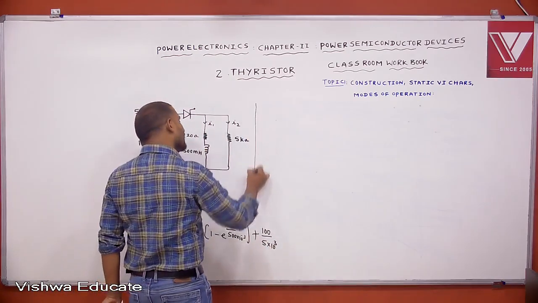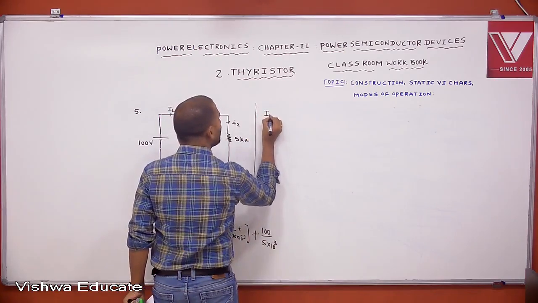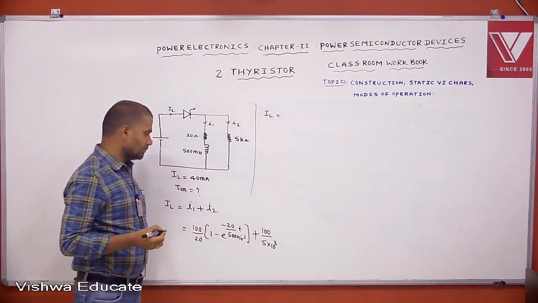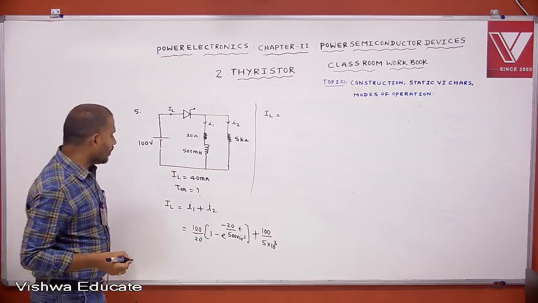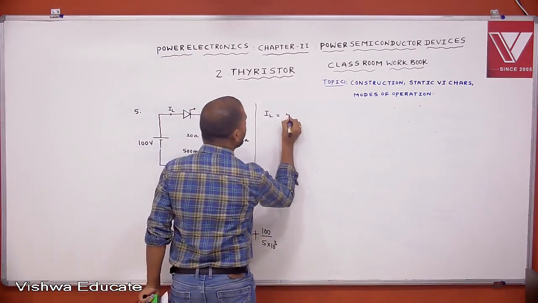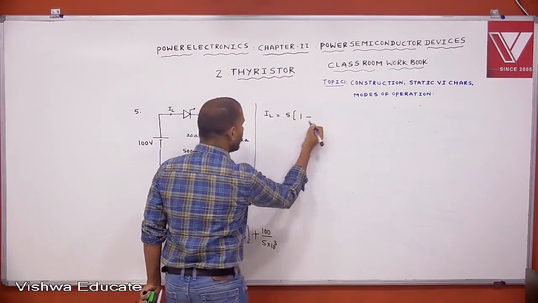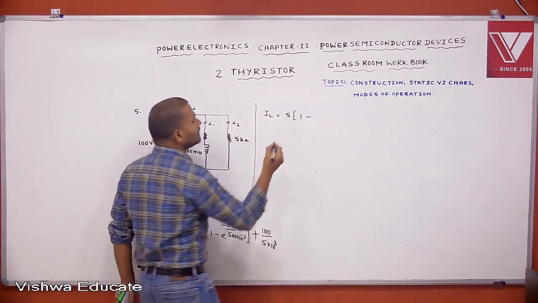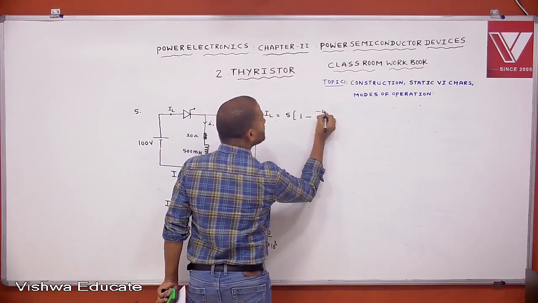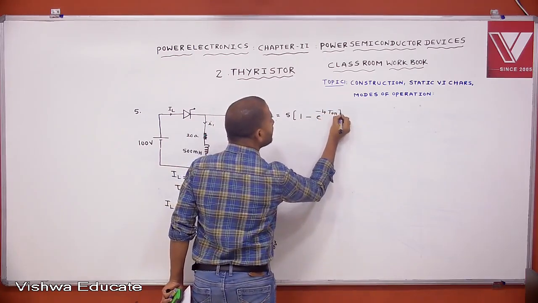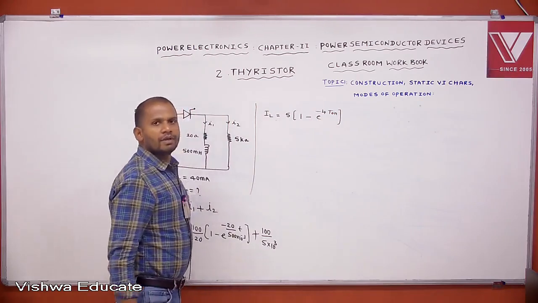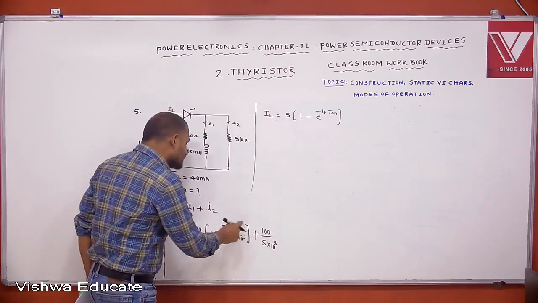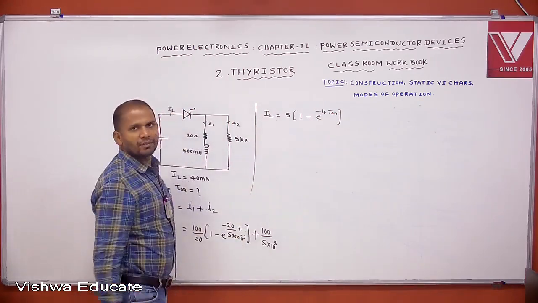Then what is the latching current, you tell? Latching current IL equal to this 100 by 20, 5. 1 minus, what do you get, you tell me? That is 0.5 now, that is minus 40 T. E power minus 40. This time is taken as the gate on time. Corresponding to latching current, this time is taken as the minimum gate pulse width.